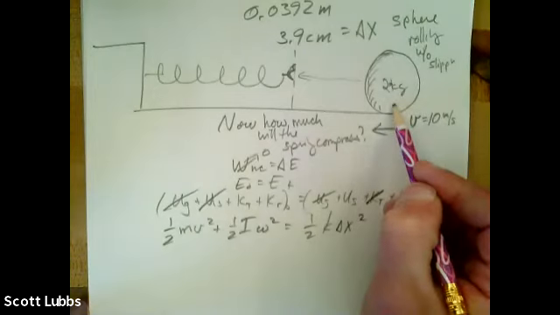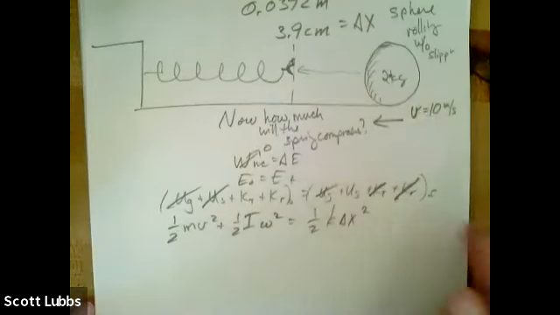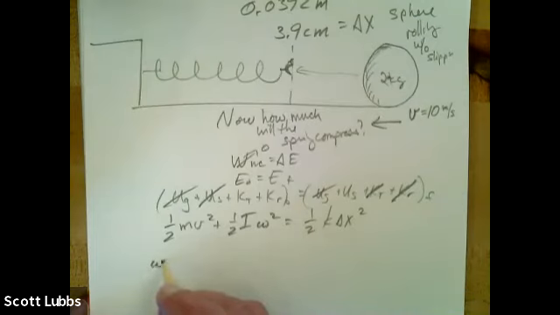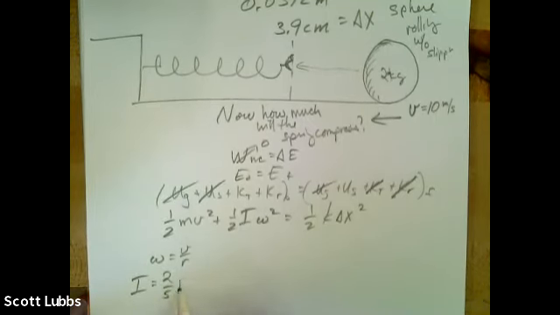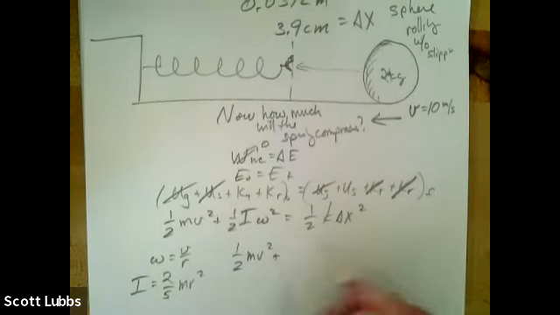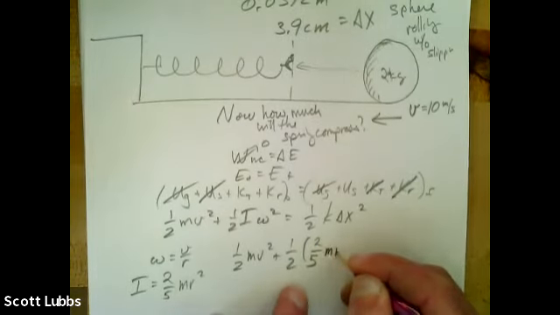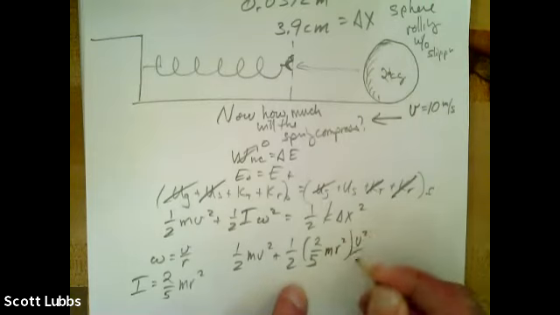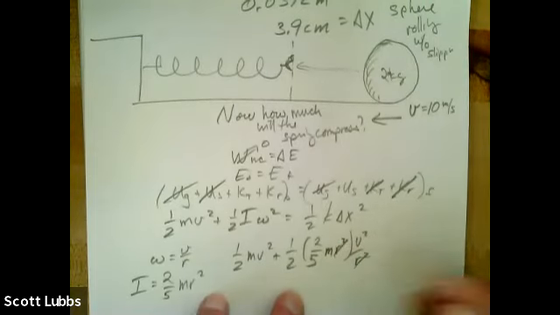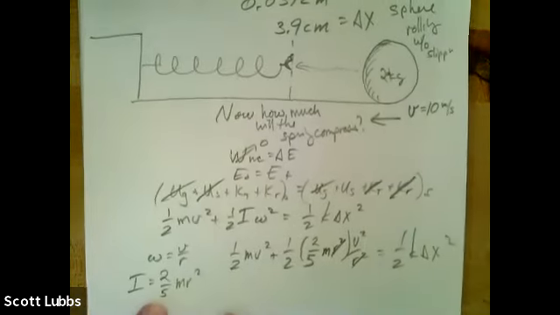So this thing rolling at 10 meters per second, I know that omega is v over r, and I know that the moment of inertia is 2/5 m r squared. 1/2 m v squared plus 1/2 times 2/5 m r squared times v squared over r squared equals 1/2 k delta x squared.